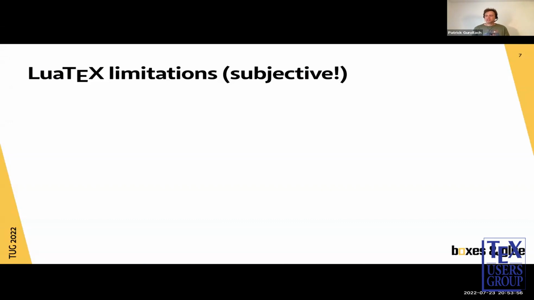LuaTeX has, in my opinion, a lot of shortcomings, and it's very subjective, I know. Error handling in LuaTeX is sometimes really awful. Sometimes the only error message I get is, "this cannot happen." It might sound trivial, but you cannot create HTTPS connections to a web server.